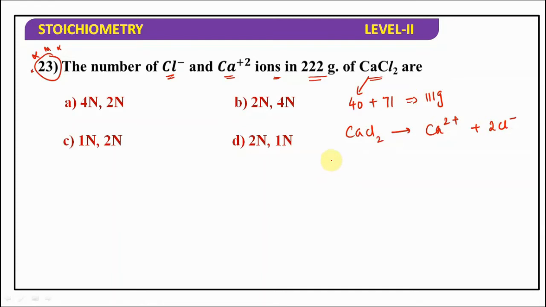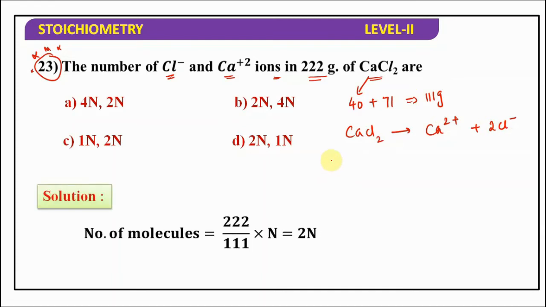Yes or no? Now, number of molecules and number of ions. Number of ions, how do you calculate? N into Na. Given mass is 222. Molecular weight is 111 into Na, which gives you 2 into Na.